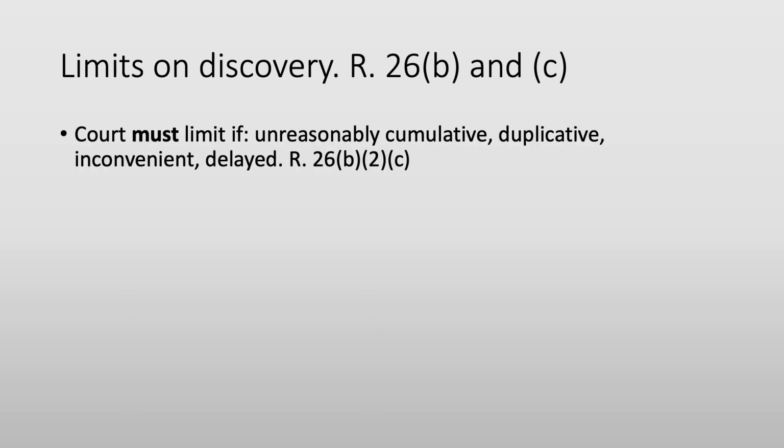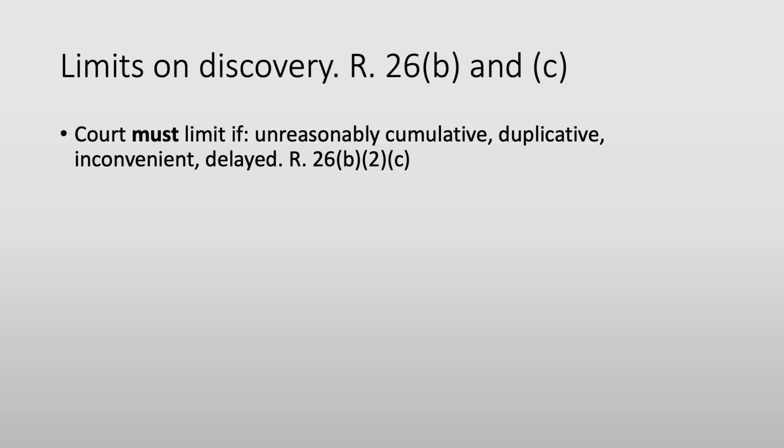Discovery also has limits. So within that scope, there are things that courts are supposed to prevent, kind of abuse of parties. So under Rule 26(b)(2)(C), the court must limit discovery if it's unreasonably cumulative, duplicative, inconvenient, or delayed, meaning people waited until the very last minute.